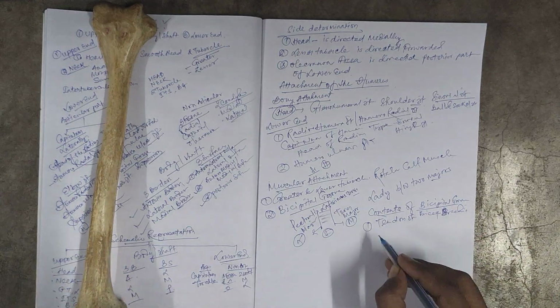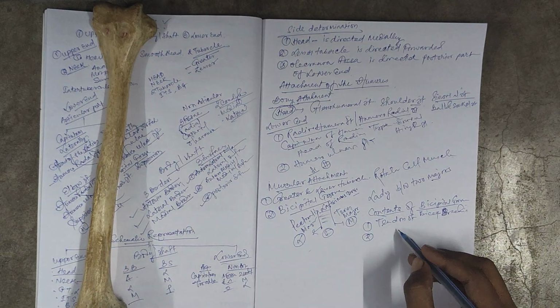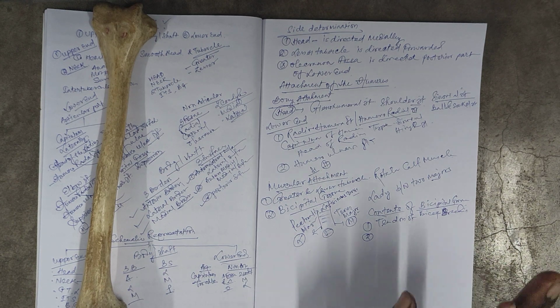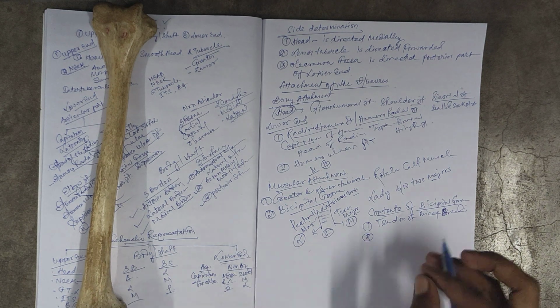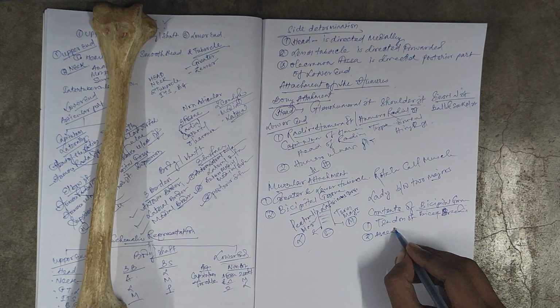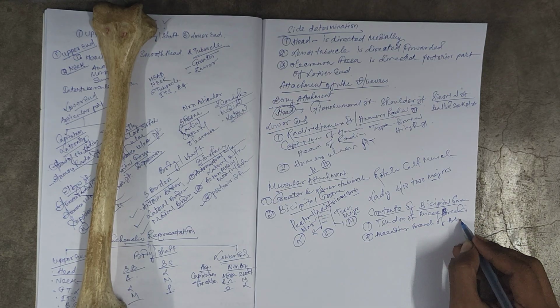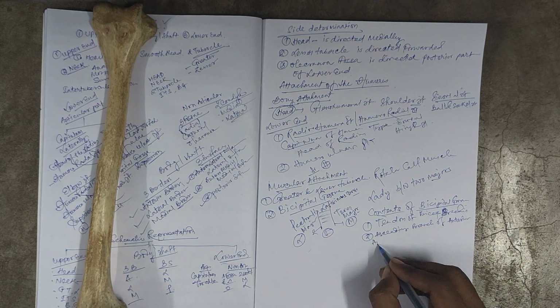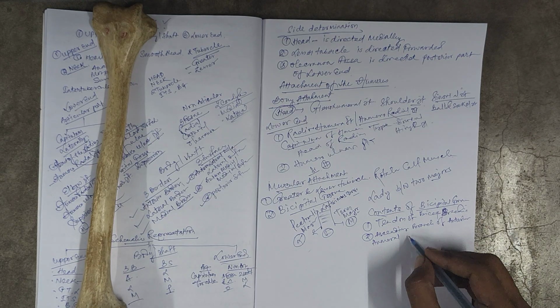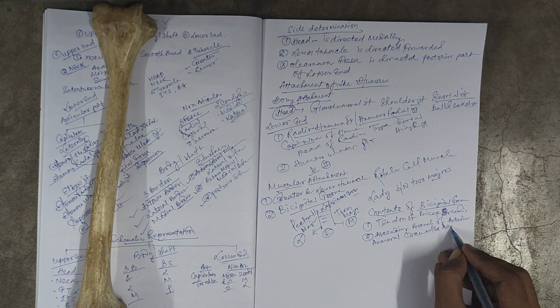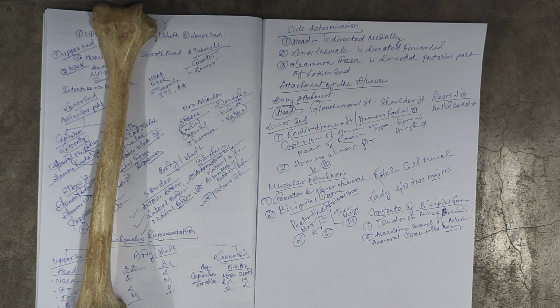Then the ascending branch of the anterior humeral circumflex artery. So these are the contents: the tendon of biceps brachii and the ascending branch of the anterior humeral circumflex artery.